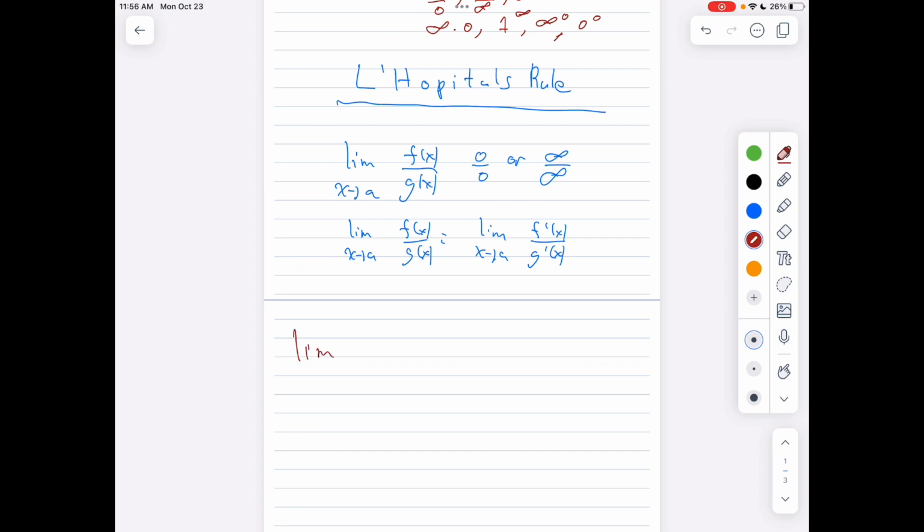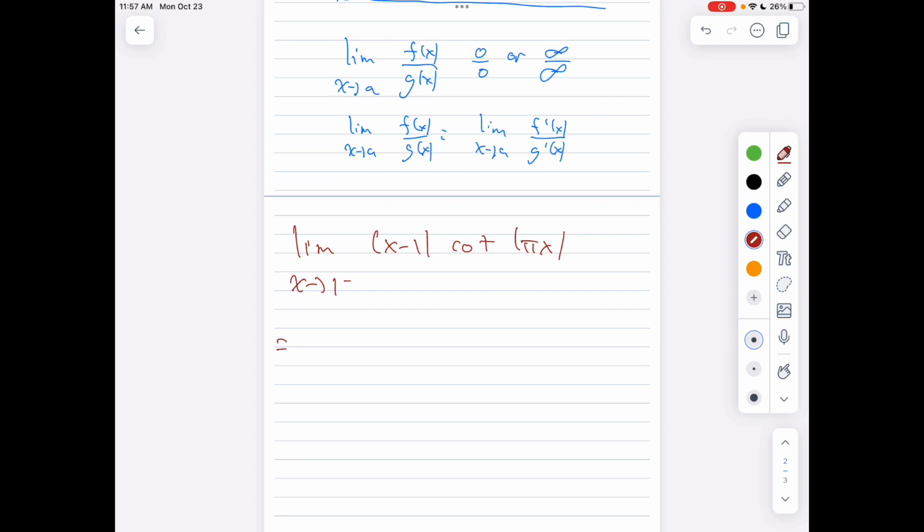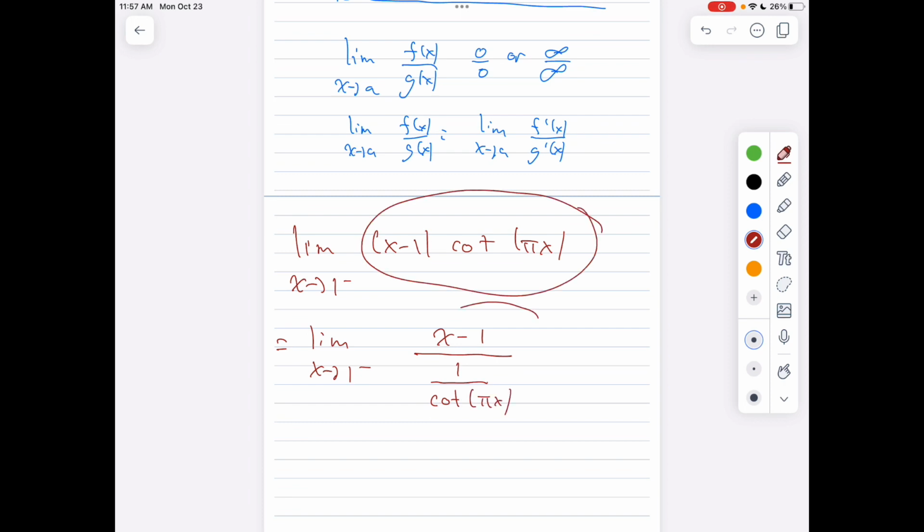Let's write our problem one more time. And I'm sorry, this is a cotangent. And here's how we're going to do this. I'm going to rewrite this function as a ratio. These two functions, this one and this one, are equivalent.